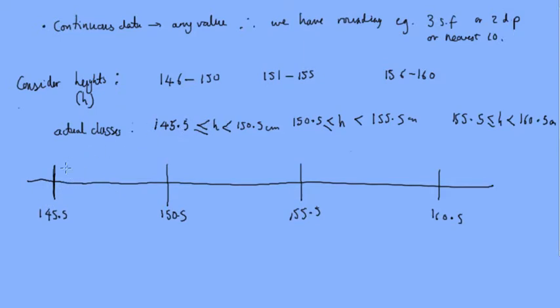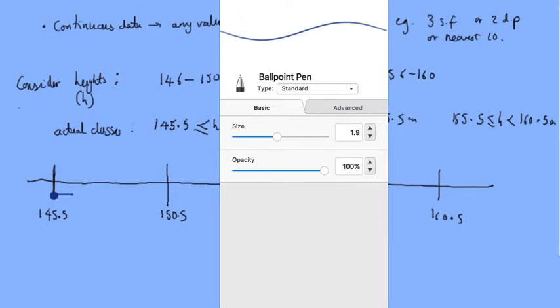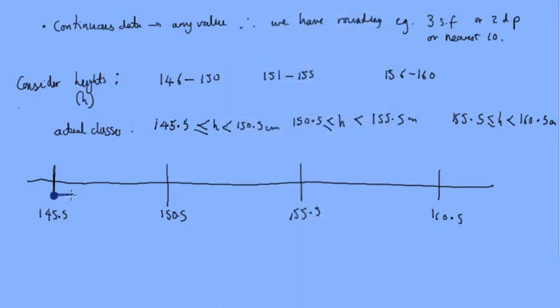So on our lower boundary, we can be equal to, so when we do equal to, it's a circle which is coloured in. And then this one is just less than, so it's not equal to 150.5, so this is going to be an open circle.